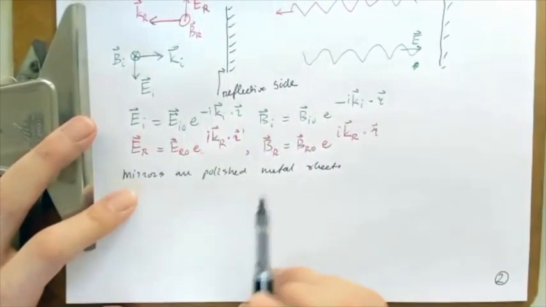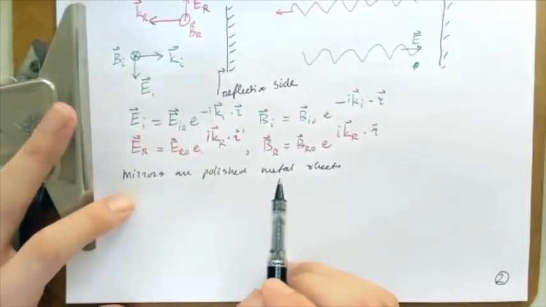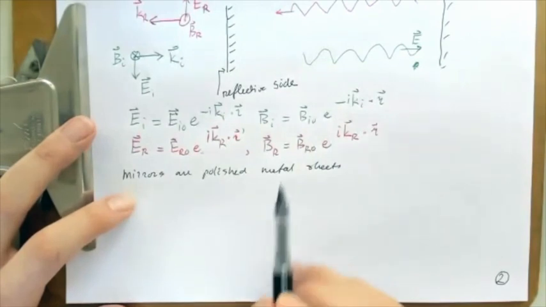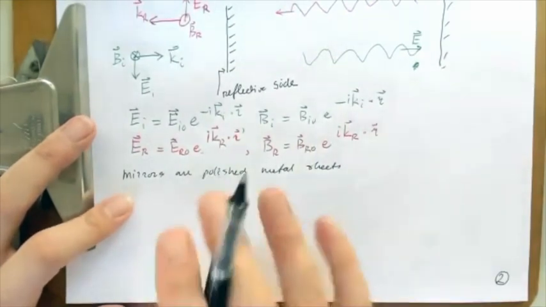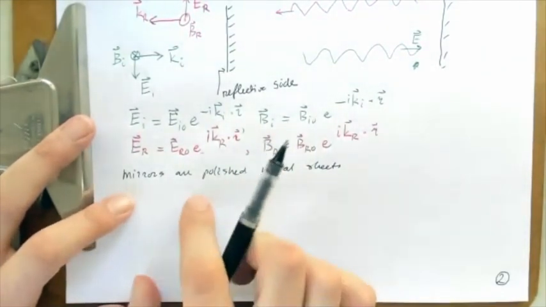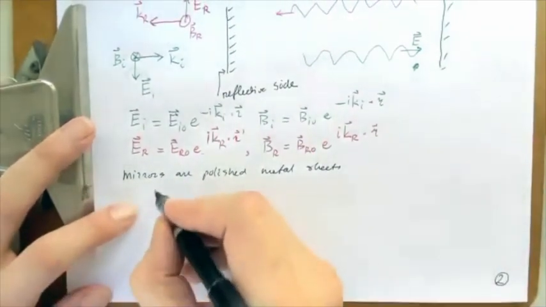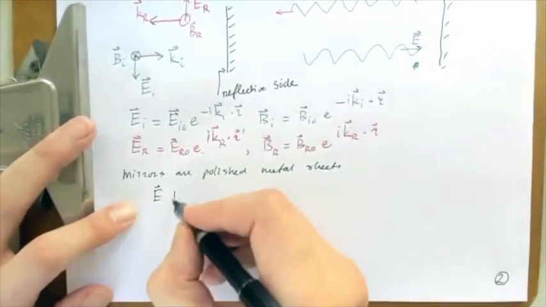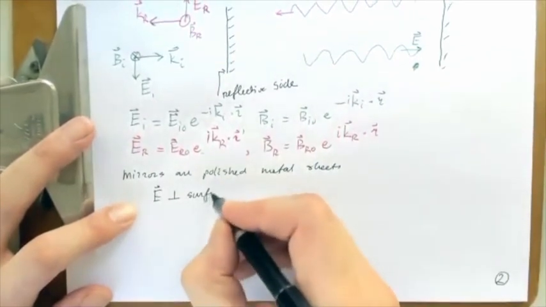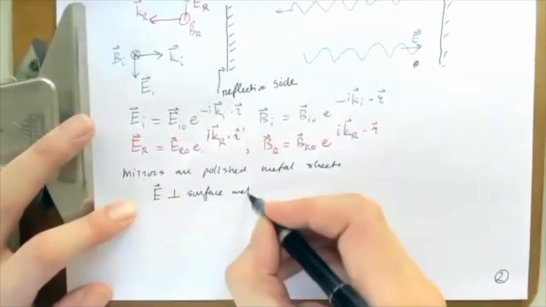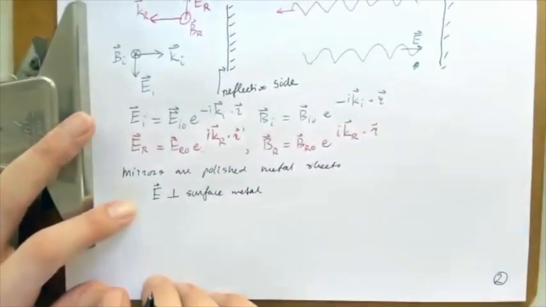We actually already know this, because we know how waves interact with metals, because metals are conductors. There are two ways to look at this. The first is that we know that E is always perpendicular to the surface of a metal. That's the first thing we know.